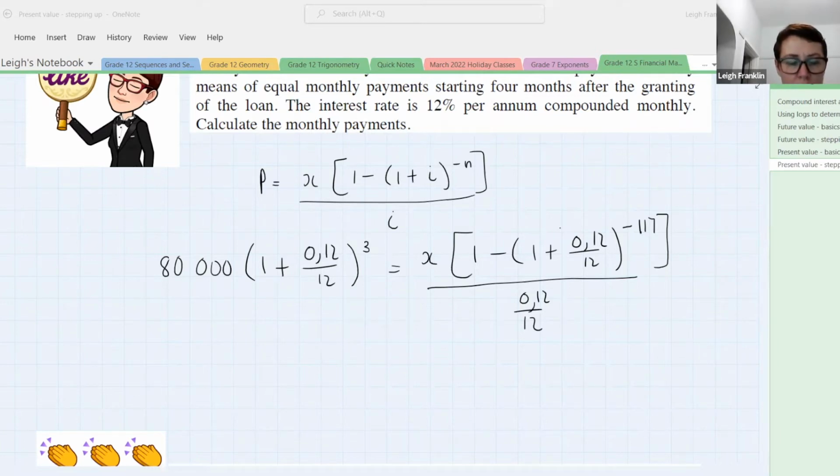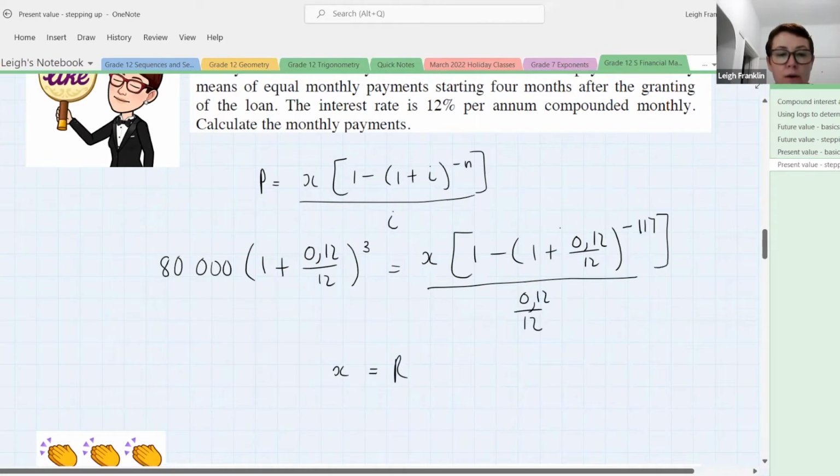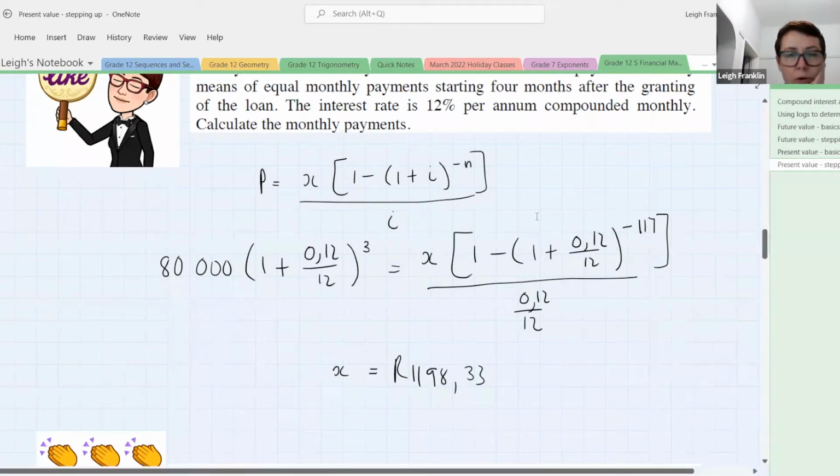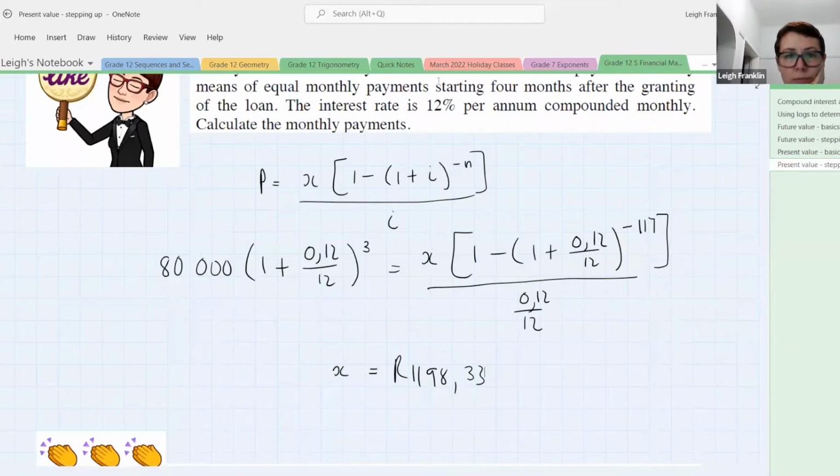Okay, so when you pop that into your calculator, you end up with what did I get? 1198,33. Oh, shame, Cassandra. That happens so often, hey, where we write something down and we think it's wrong and then it was actually correct. Okay.